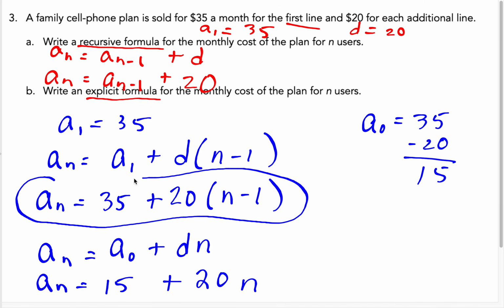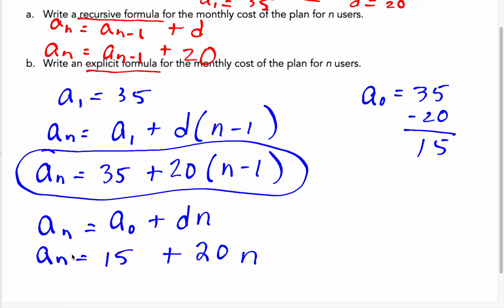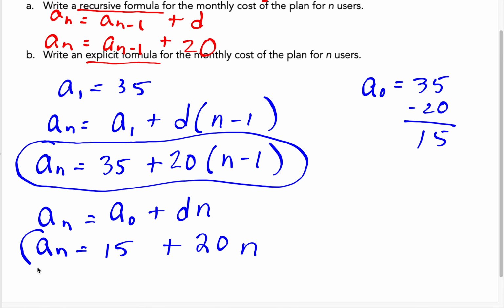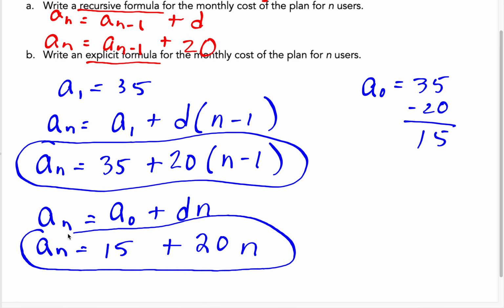We could use this formula right here, or I should say, we could use this formula right here. Either one is just fine and will give you the same term. No matter what term you're trying to find in the sequence, you'll get the same answer either way.